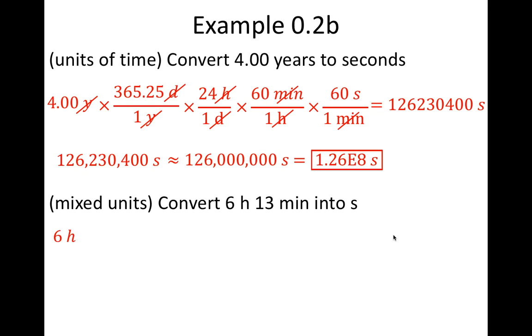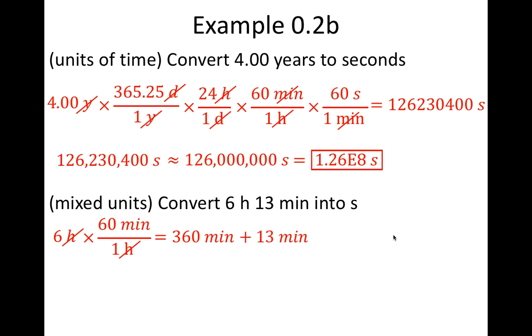In the next example, we're going to show you how to convert mixed units, like here where we have hours and minutes. Our first step is to convert one of the units into the other. In this case, I will choose to convert hours into minutes. I can multiply hours by 60 minutes per hour to eliminate hours. I can then multiply across to get 360 minutes.